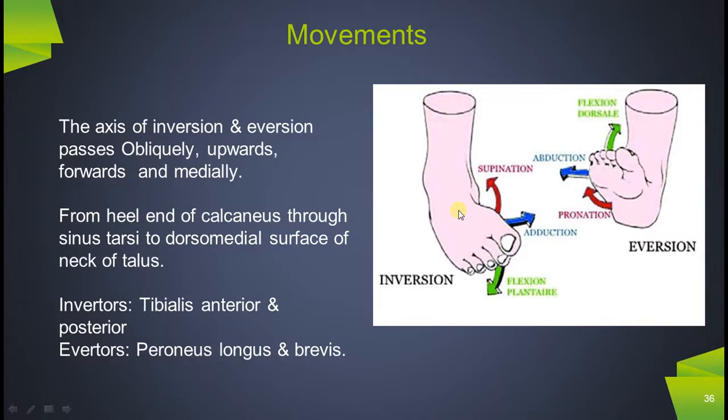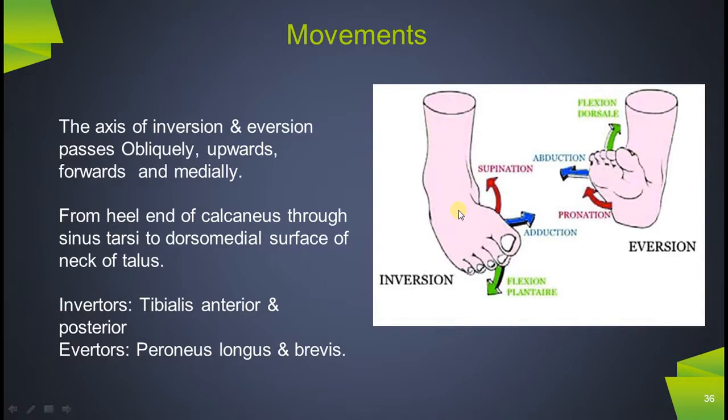When inversion is taking place in the mid-tarsal joint, naturally there is also supination at the subtalar region, with some amount of adduction. When there is eversion, you also have pronation of the foot.